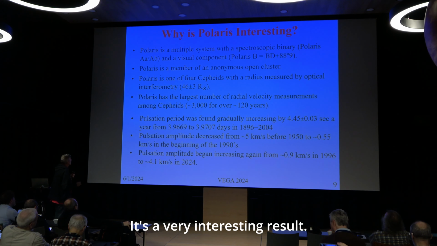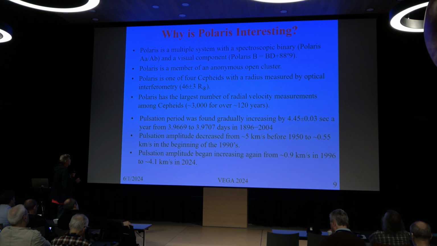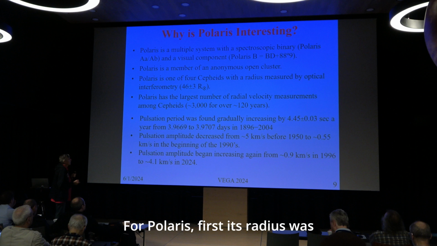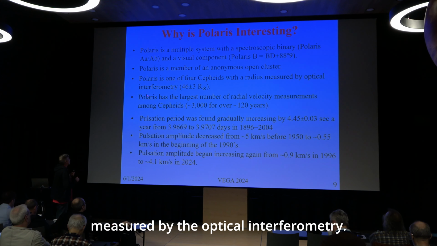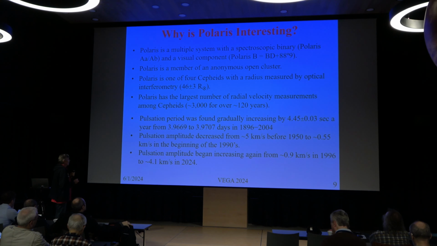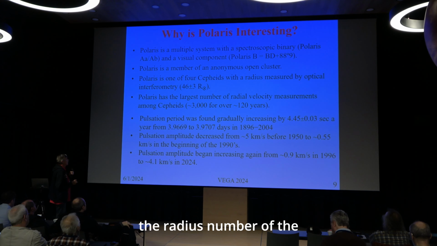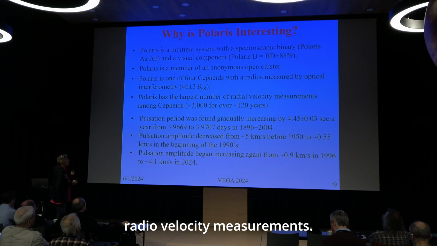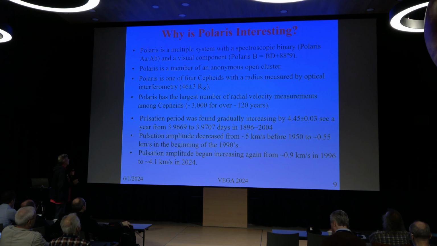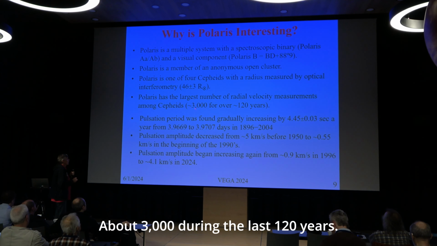It's a very interesting result. For Polaris, firstly, its radius was measured by optical interferometry. And Polaris is a unique Cepheid having the largest number of radial velocity measurements, about 3,000 during the last 120 years.